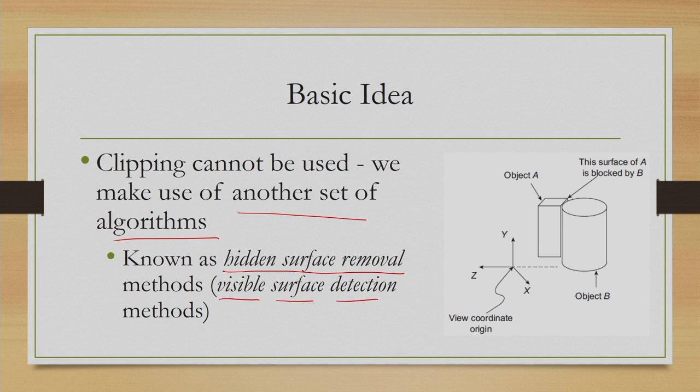So, to note, with clipping we try to remove objects that are partially or fully outside the view volume. With hidden surface removal we try to remove object surfaces or objects which are inside the view volume, but which are blocked from view due to the presence of other objects or surfaces with respect to a particular viewing position.